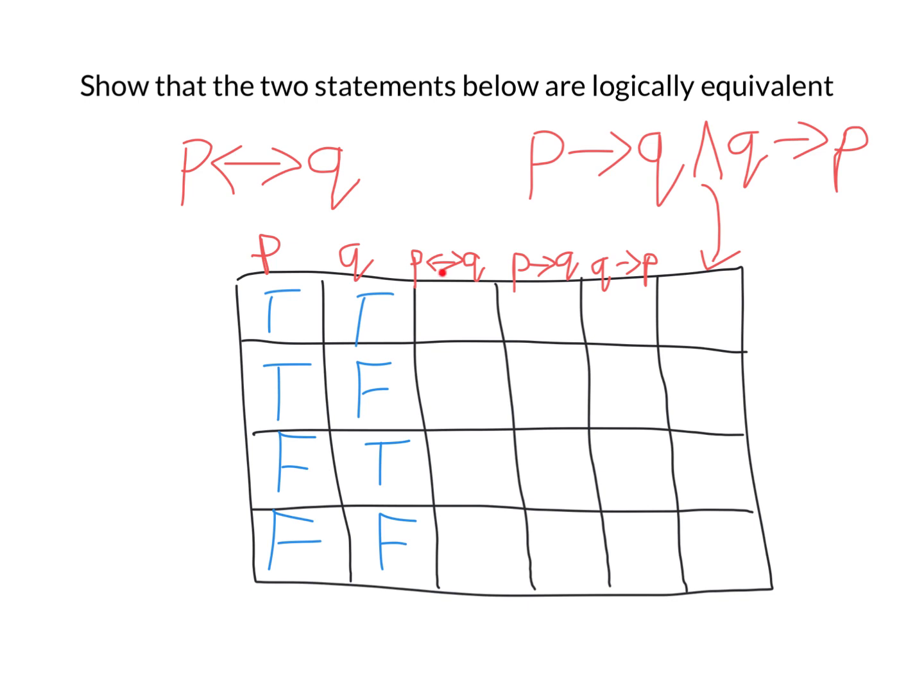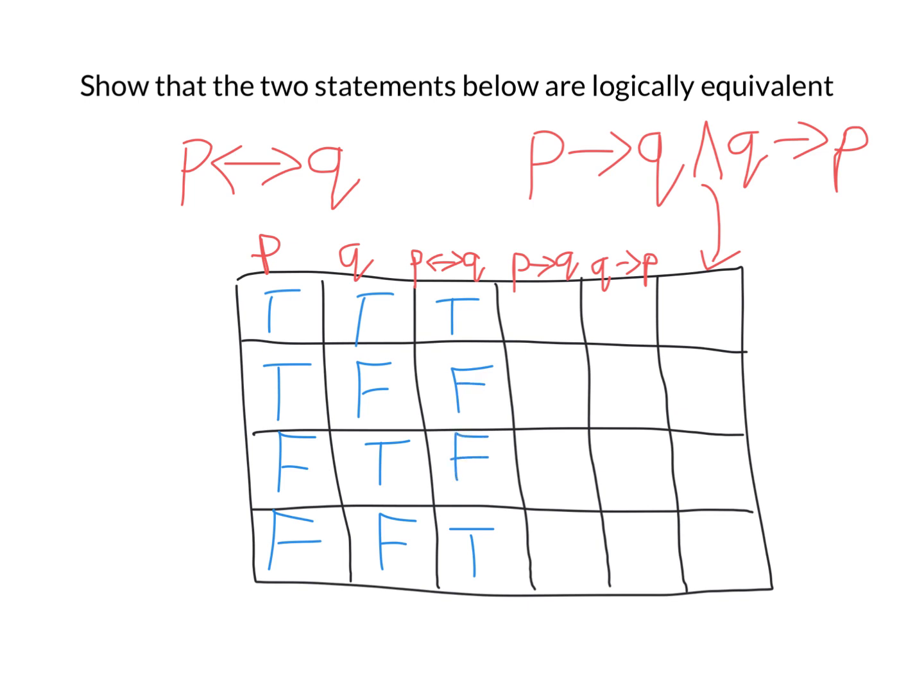Logically equivalent means both are true or both are false. That's what it means for something to be logically equivalent. So for P is true if and only if Q is true, it will be true here and here. This bidirectional implication can only be false if either P or Q is false.